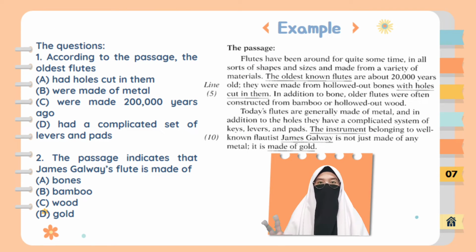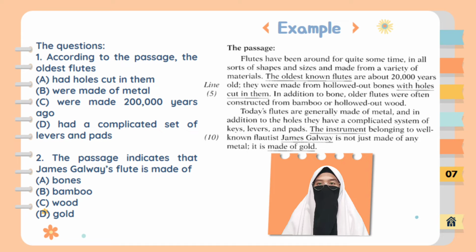To better understand skill 2, I have an example for the reading section of skill 2, stated detail question. I will discuss the question with the explanation. For example, the passage. Flutes have been around for quite some time in all sorts of shapes and sizes and made from a variety of materials.